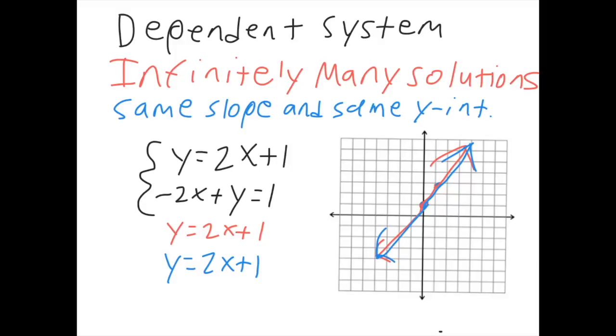So, the lines intersect completely, and that's why it's a dependent system. Every time they intersect is every time, because they are the same exact line.